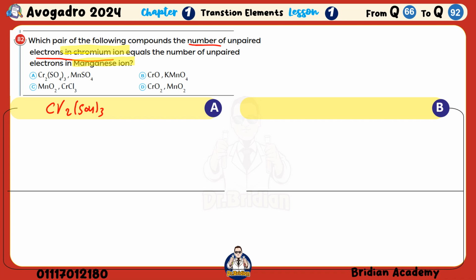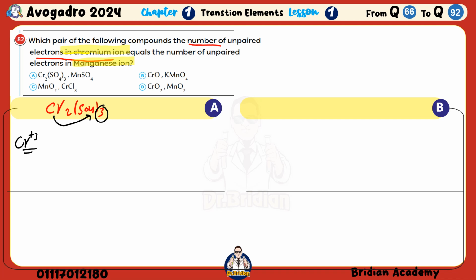Okay, firstly, we will calculate the oxidation number for chromium to know the number of unpaired electrons. Chromium gives sulfate 3 electrons. That means after making the equation, it will be chromium positive 3.